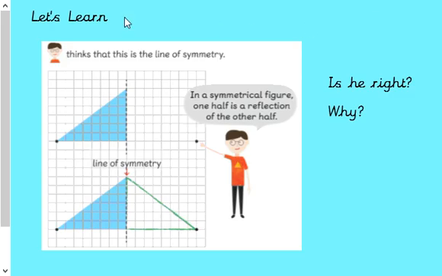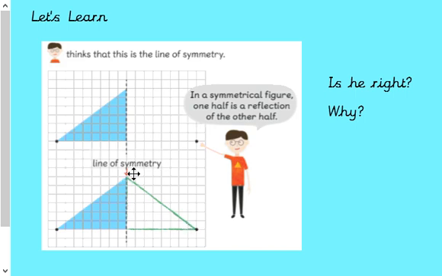So press play when you're ready. Okay, let's learn. Now, the young man here thinks that this is the line of symmetry here. He's decided that with this shape, there's a vertical line of symmetry here. And if this is the case, then if he reflects that shape across the line there, then the triangle would be over here, as you can see down here.